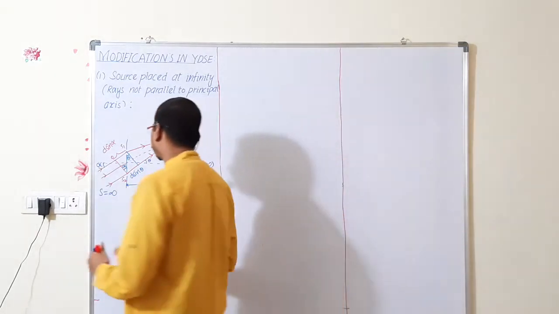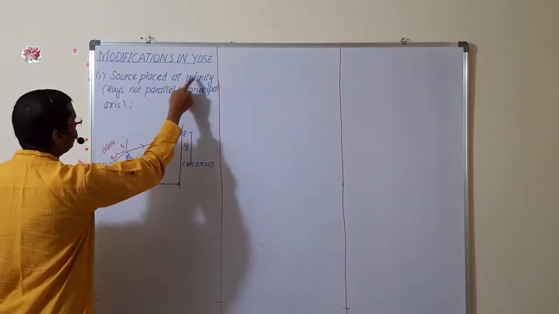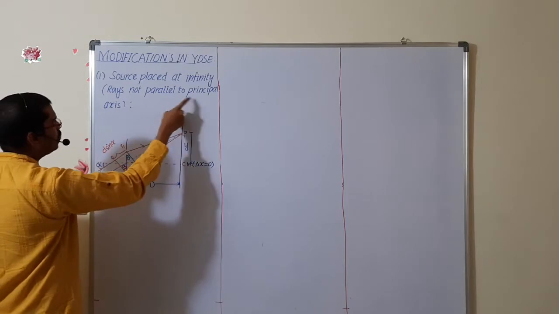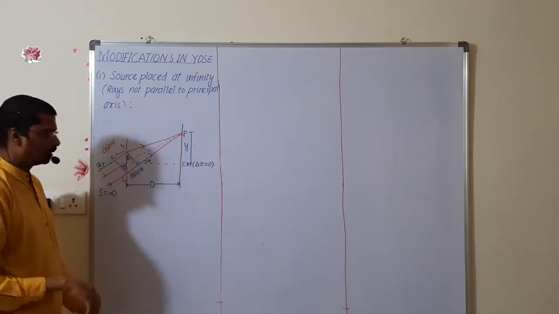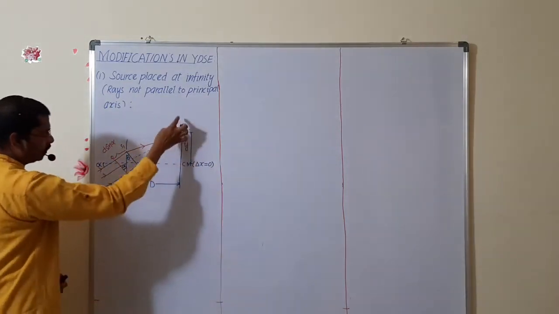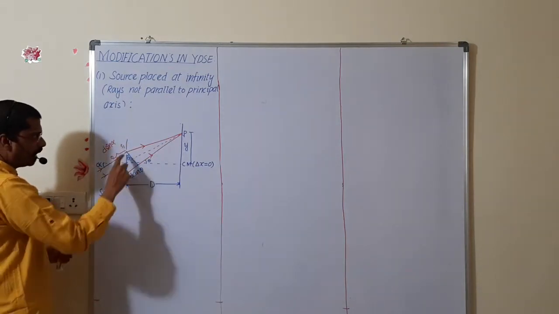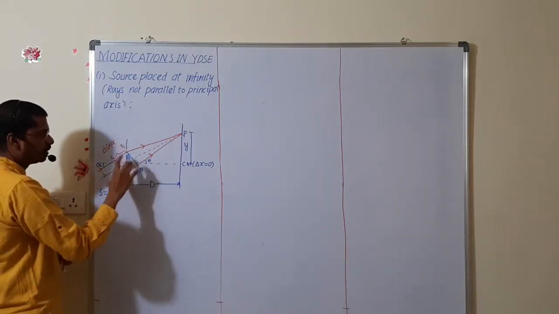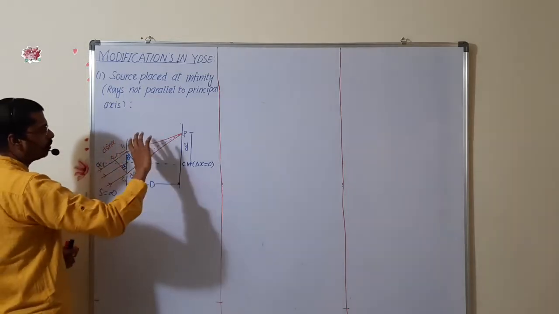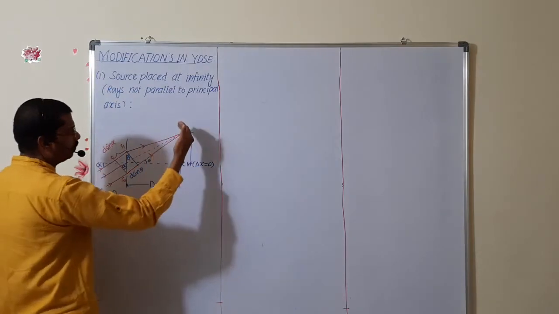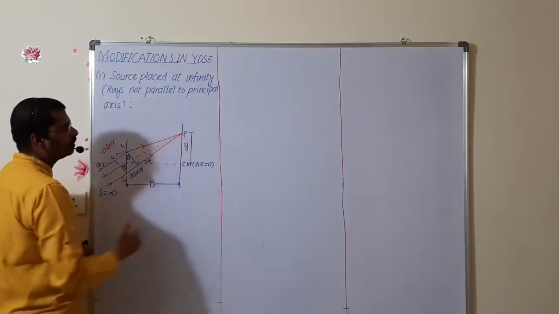Now here the source is placed at infinite distance, and the rays are not parallel to the principal axis. If you take the diagram, the screen, the rays are coming from infinite distance and are incident on slits S1 and S2. The rays pass through S1 and S2 and meet at point P on the screen.